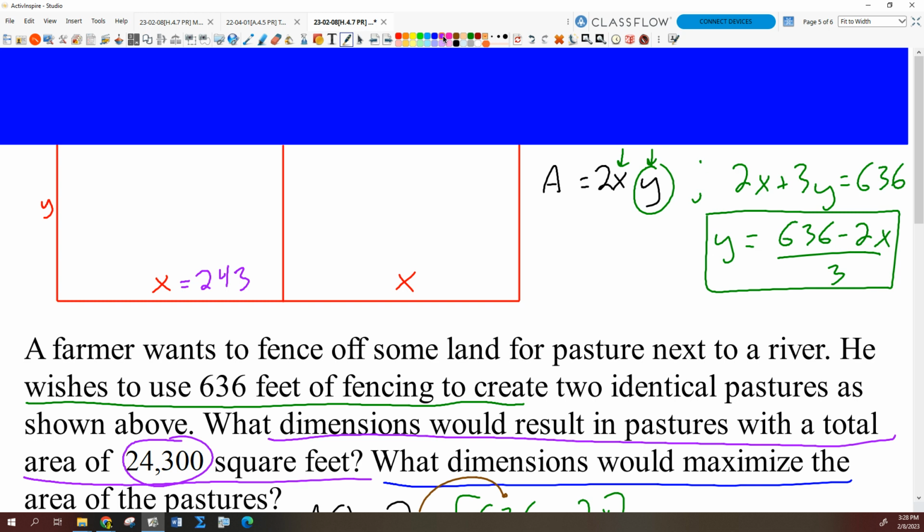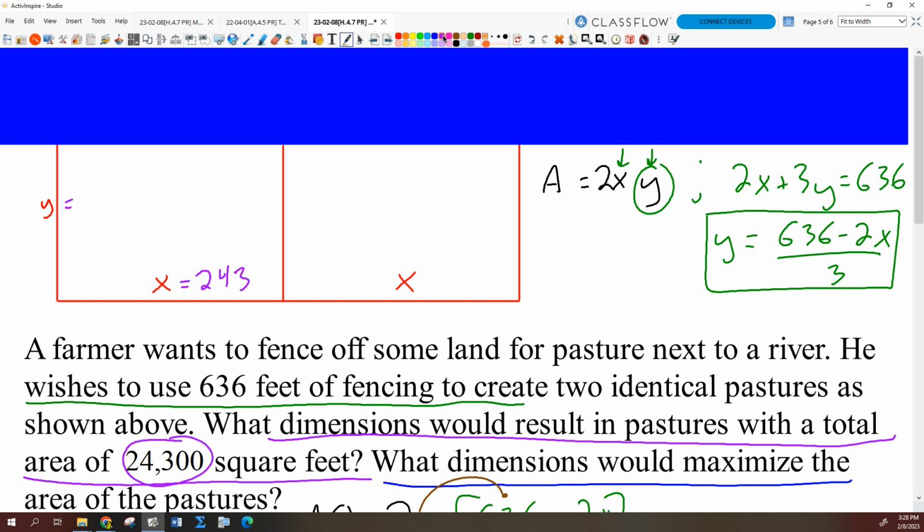What's 636 minus 486? Oh, that's easy, huh? That's going to give us 250. 250 divided by 3 is 250 thirds, right? So we get one set of possible dimensions.